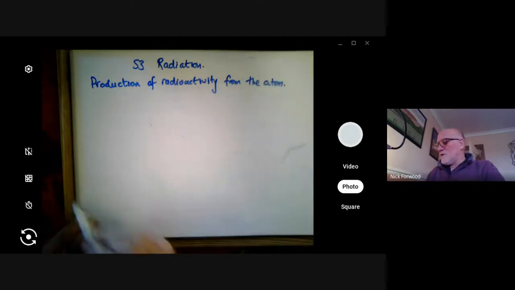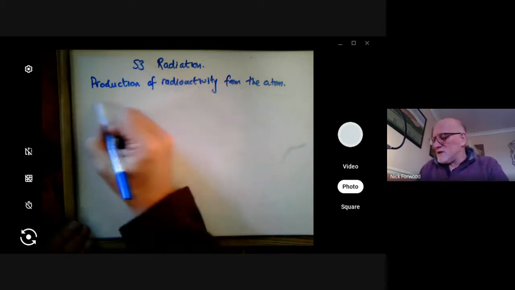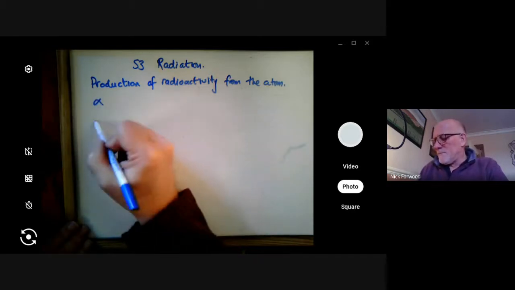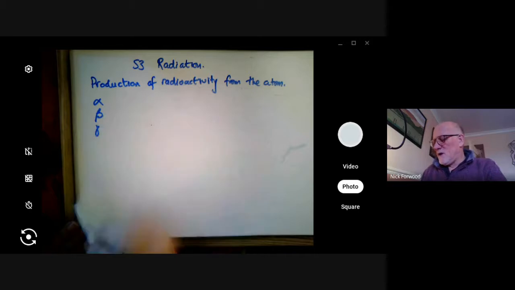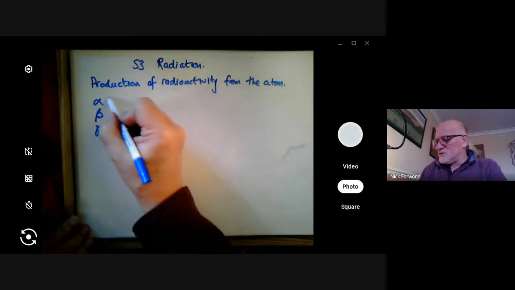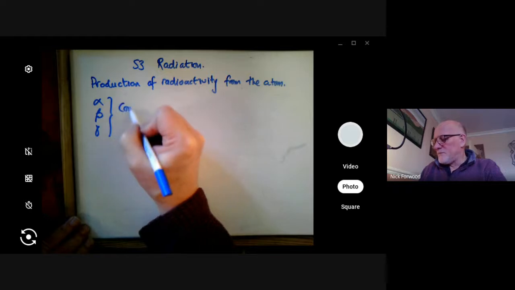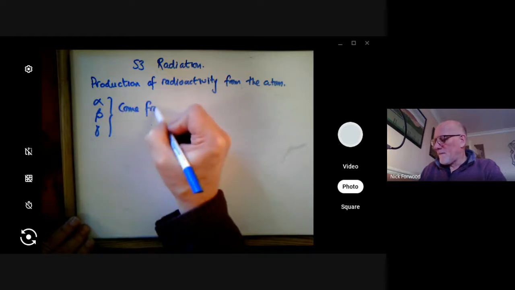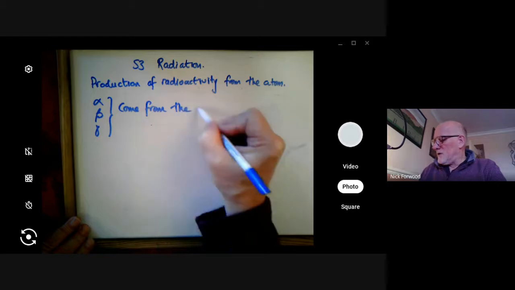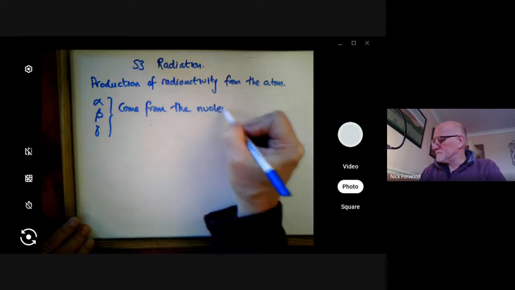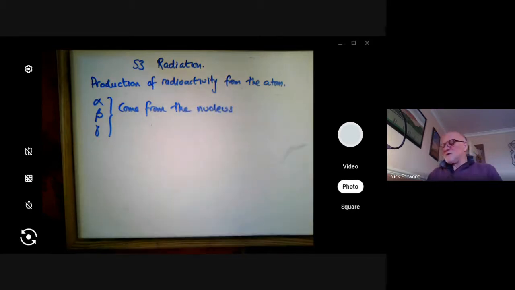Now, all three types of radioactivity, alpha, beta, and gamma, are all produced. They all come from the nucleus.